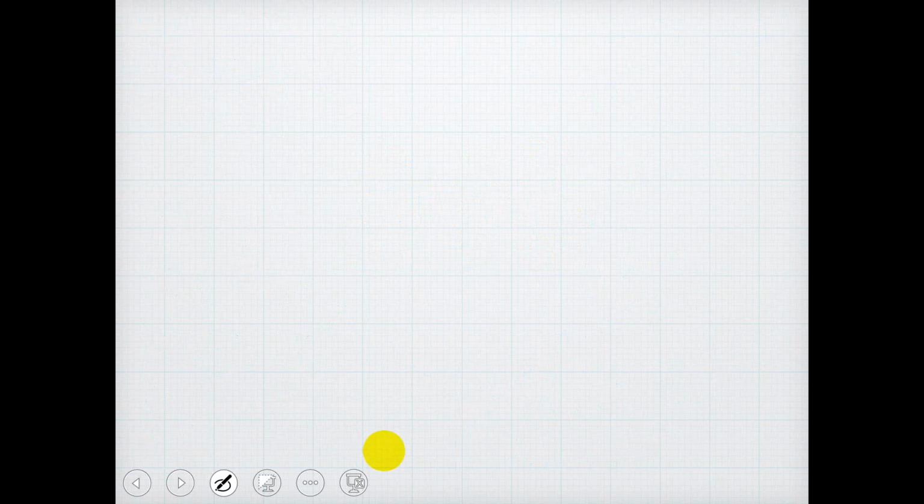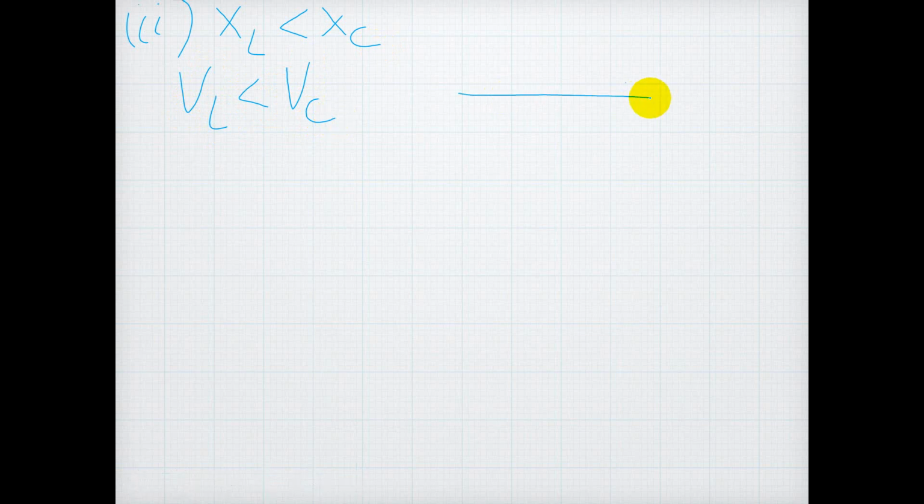Let's take the next case, case 2, when XL is less than XC. When XL is less than XC, that means we have VL less than VC. So VL less than VC, we can write the phasor diagram now, not the waveform, the phasor diagram.